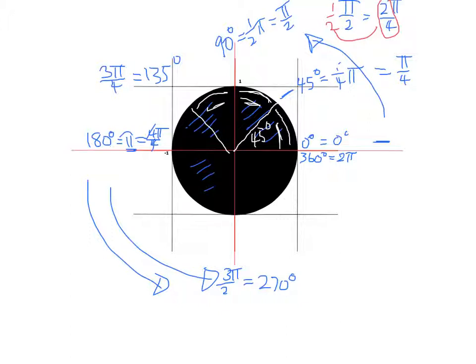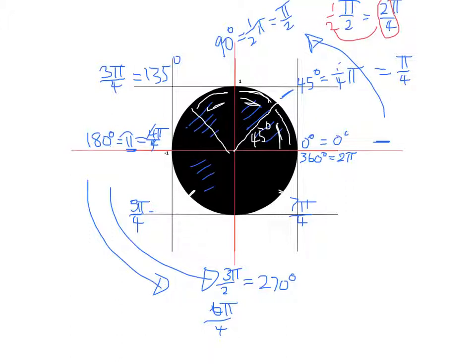And the same sort of thing can happen as we go around down to here, which is 5 pi over 4, or 5/4 of pi. And then we've got 6/4 of pi, which is the same as 3 over 2, and it goes all the way around here to 7/4 of pi, or 7 pi over 4.